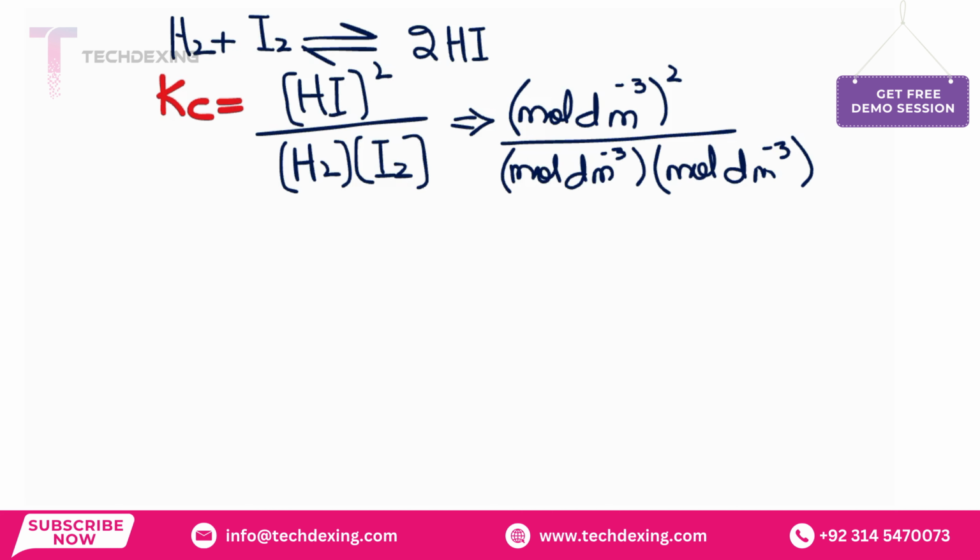So now you can see that this square can be cancelled with these two terms, right? So in this condition, what is the unit for Kc? There's no unit. So Kc has no unit.